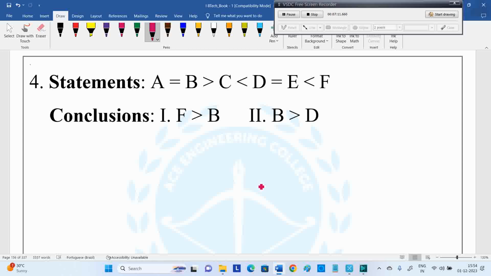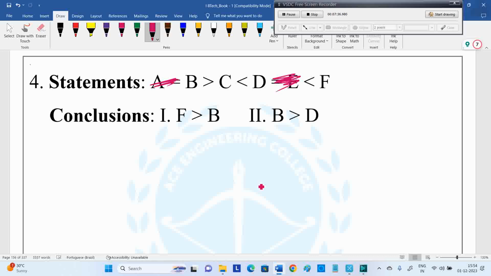Now see about this one. Here everything is in one equation, right? No issues. Now first one is between what? B and F. I already said when equal is there, ignore it. Is A there in the conclusions anywhere? A? E? Not there. So I can remove A. I can remove E. As equal is there, one among that is okay.